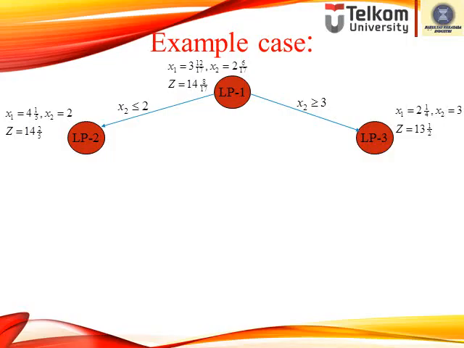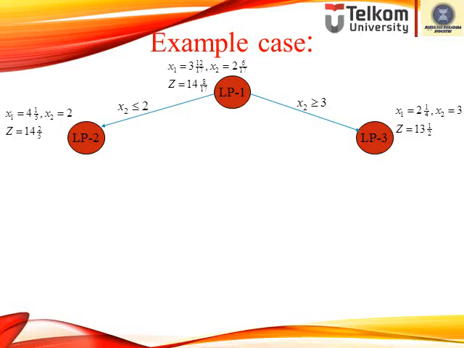Because we have x1 as 3 and x2 as 2 and 6 divided by 17, we should find the lowest integer number for LP2, which is 2, and the higher number from 2 and 6 divided by 17.